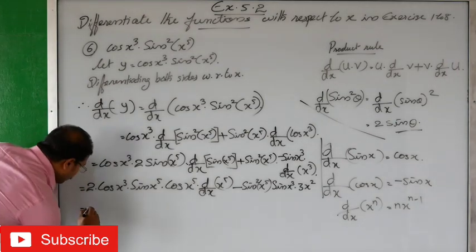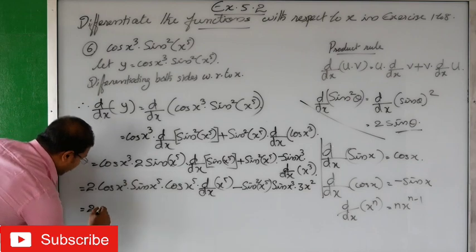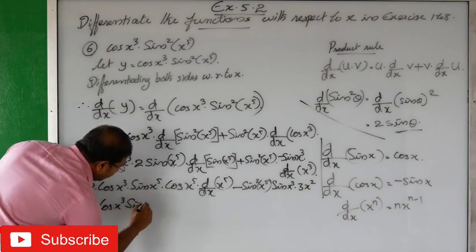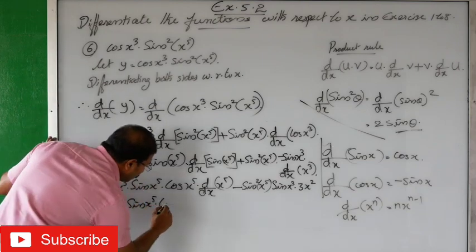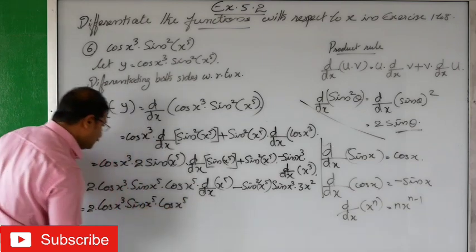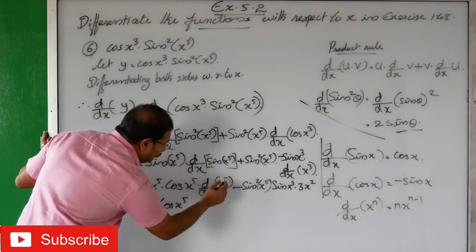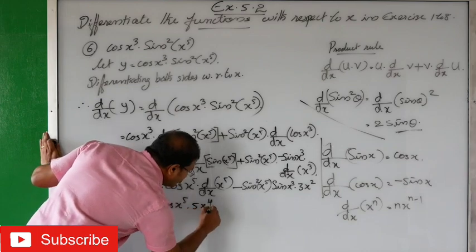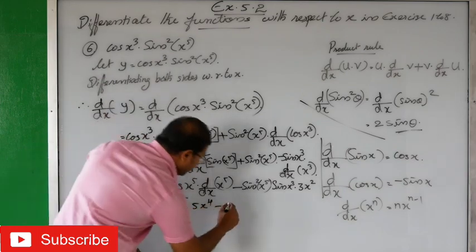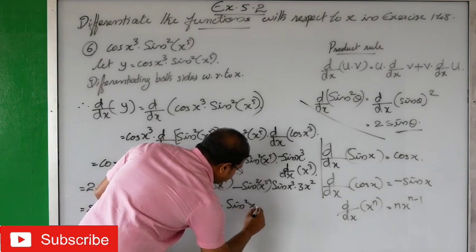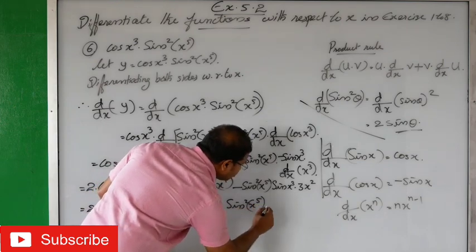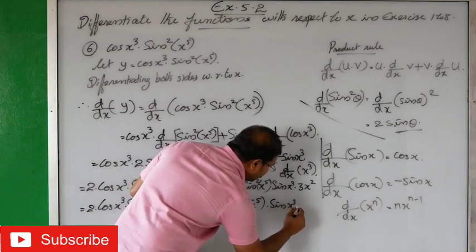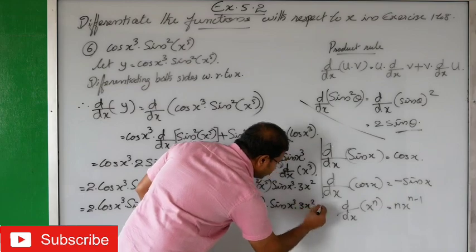Now what you'll do? 2 into cos x raised to 3 into sine x raised to 5 into cos x raised to 5 into derivative of x raised to 5 means 5 x raised to 4. That means 5 x raised to 4 minus. Now sine square x raised to 5 into sine x cube into 3x square.